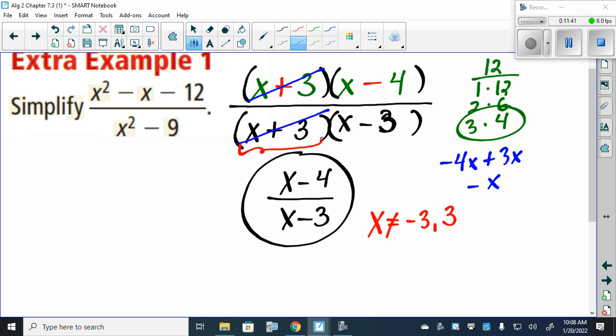And if it is positive 3, the x minus 3 would be 0. And that really doesn't come into a huge importance till we start trying to solve, because these restrictions help us find the extraneous solutions.